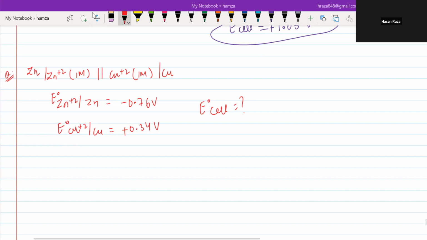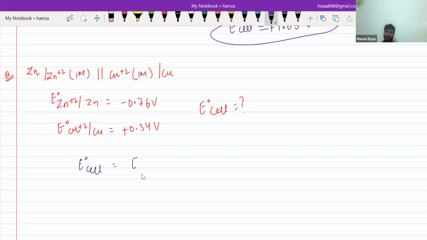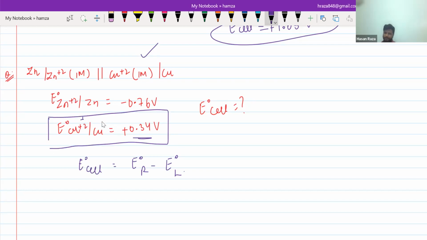Your calculation is wrong. So see how we are going to calculate. E naught cell will be equal to E naught right minus E naught left. On the right hand side, Cu plus 2. This is the value. After that, you have to check it. Plus 2 converting into 0, that means this is a standard reduction potential, which is good.